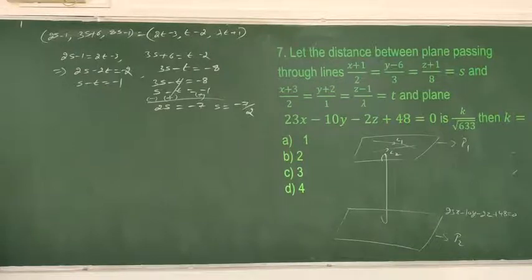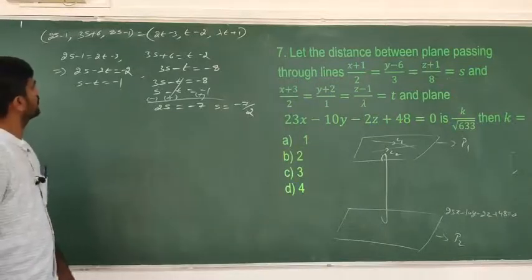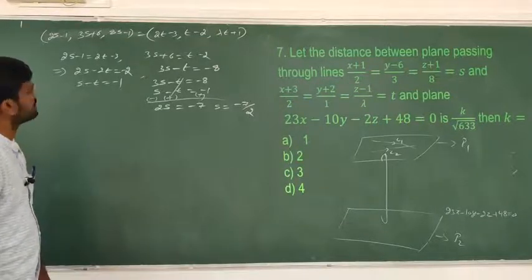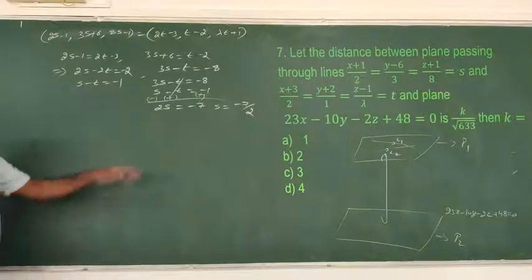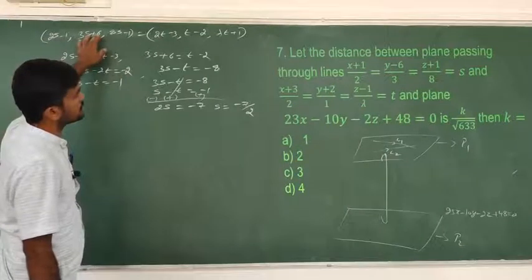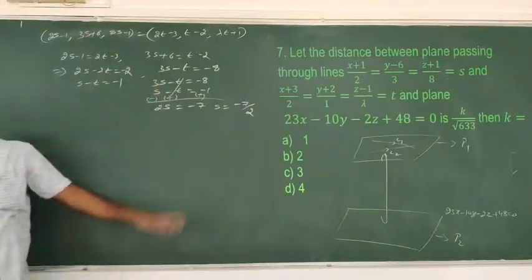No, somewhere it went wrong. 2s minus 1, 3s minus, just wait. Where is the 6? Here it is y minus 6.